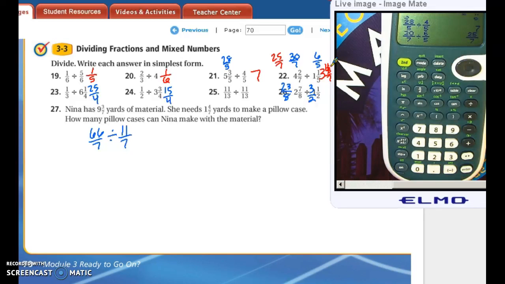23 1/3 divided by 25 over 4. That is 4 over 75. For 24, we have 1/2 divided by 15 over 4.